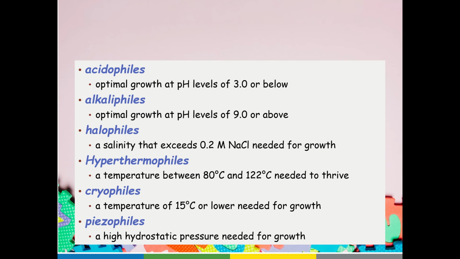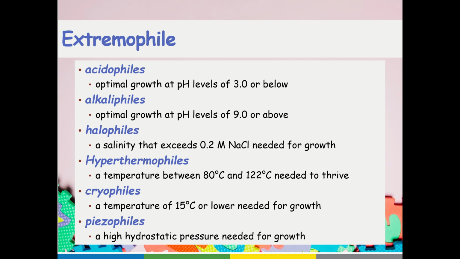Halophiles need more than 0.2 M sodium chloride for growth, and hyperthermophiles can live in extreme temperature. Cryophiles can live in extreme drops of temperature, and piezophiles need a high hydrostatic pressure for growth.